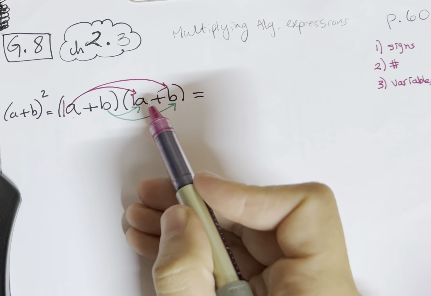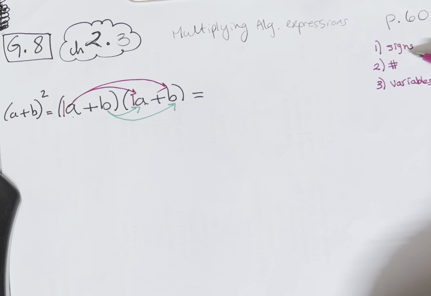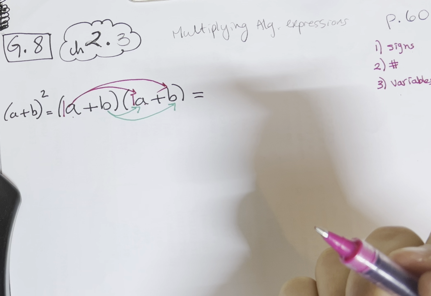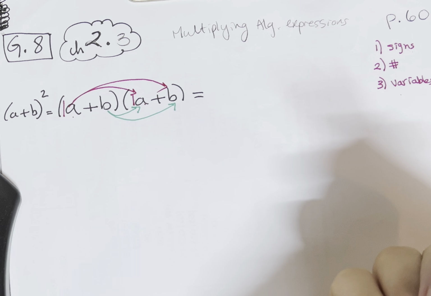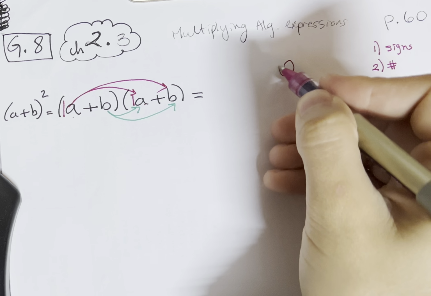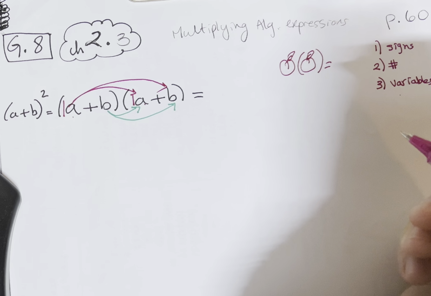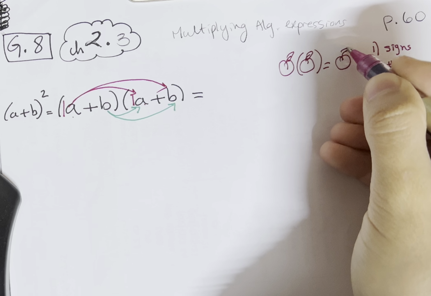Now, a times a. Look, the steps. I went for the signs, then the numbers, which is the coefficient here, it's 1. And then for the variables. So a times a, remember in chapter 1.6, we said that whenever I'm multiplying, let's say I've got 2 apples multiplied by each other, I will get the same apple.